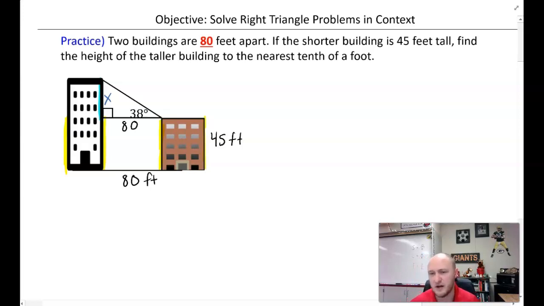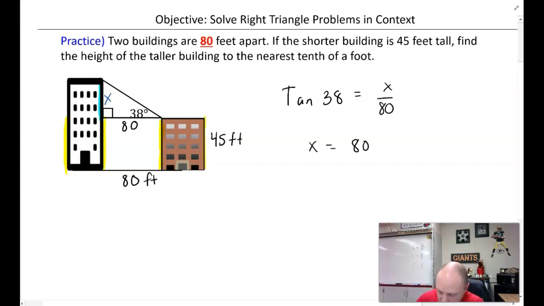Okay, pause the video. If that helped you out, go ahead and find out how tall the building is to the nearest tenth of a foot. Okay, hopefully you solved this. Your trig function should have been tan 38 is equal to x over 80, which means that x is 80 tan 38.